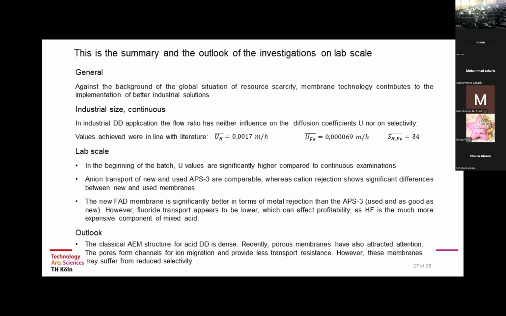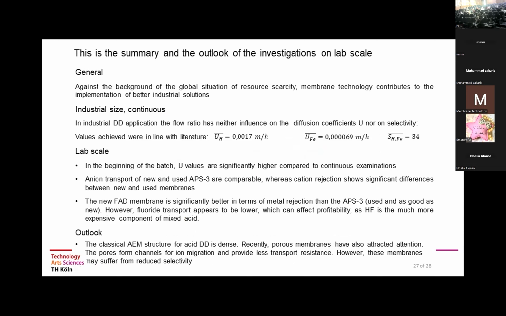Okay, so with this, finally I come to an end. This is a short summary. We see that diffusion dialysis is a process that may be used for future challenges, for instance, for battery material recycling. We can use it as well for acidic solutions coming from the metal industry.